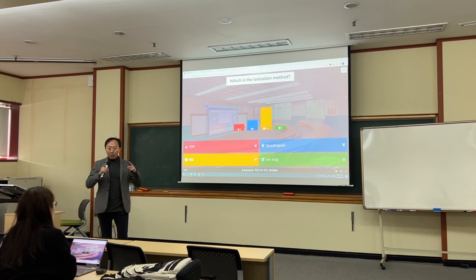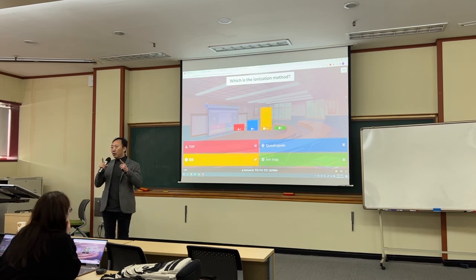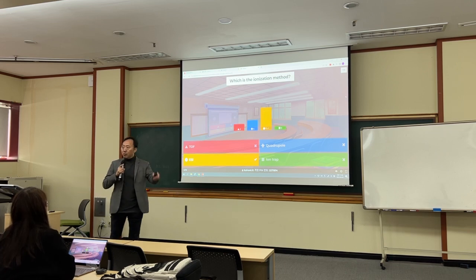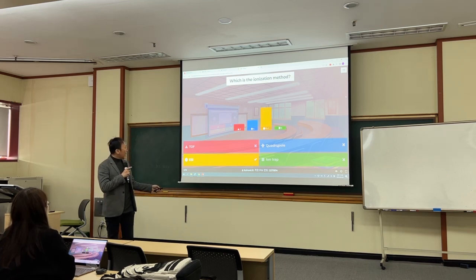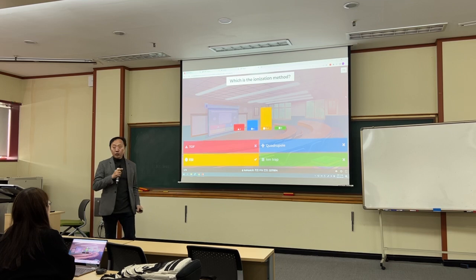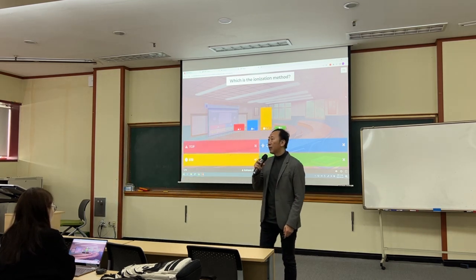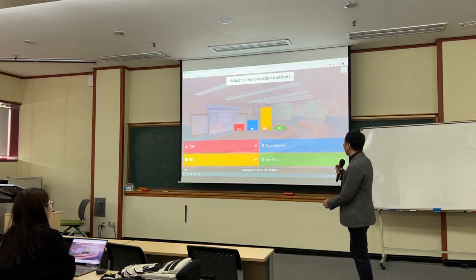Dipole is 2, quadrupole is 4, so it's moving and flying with this motion, and then we get the signal. Ion trap applies an electric field, capturing those ions again. So these are all analyzers. This is the ionization method.